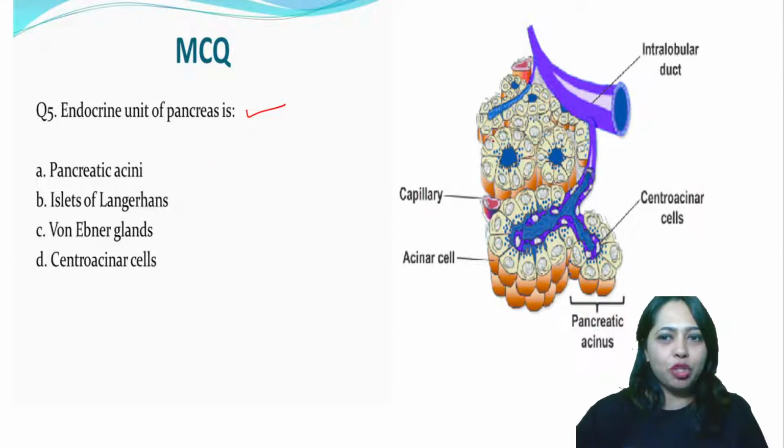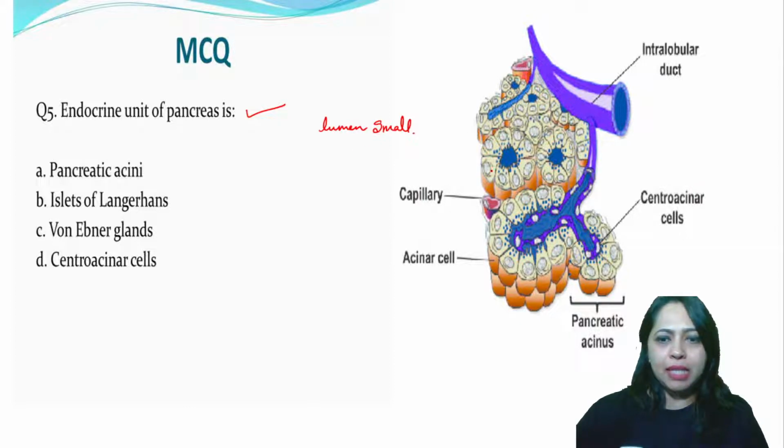Here is a picture where you can see the intralobar ducts, and some capillaries between the acini. You can also see the acinar cells and the centroacinar cells. So this is the pancreatic acini. They are very bright, and the lumen is small.